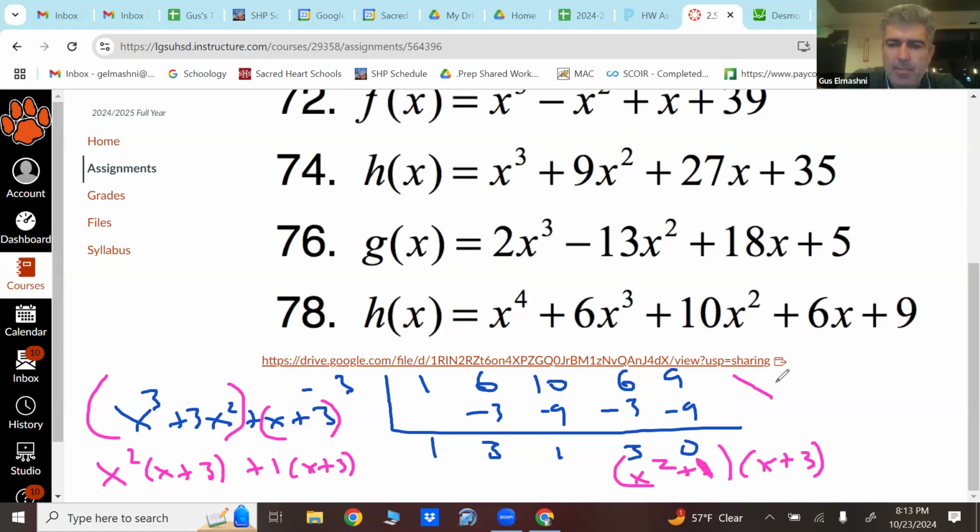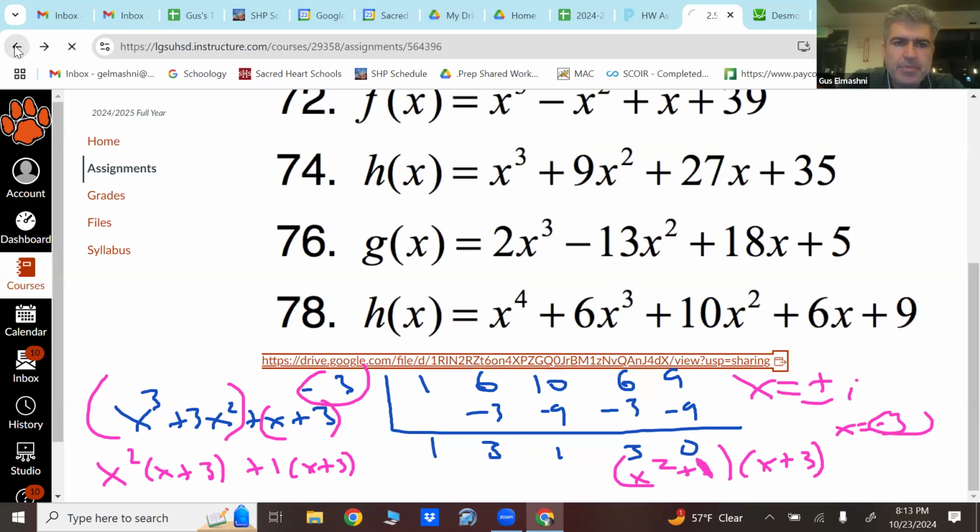Then you get plus or minus i and -3. -3 happens twice.